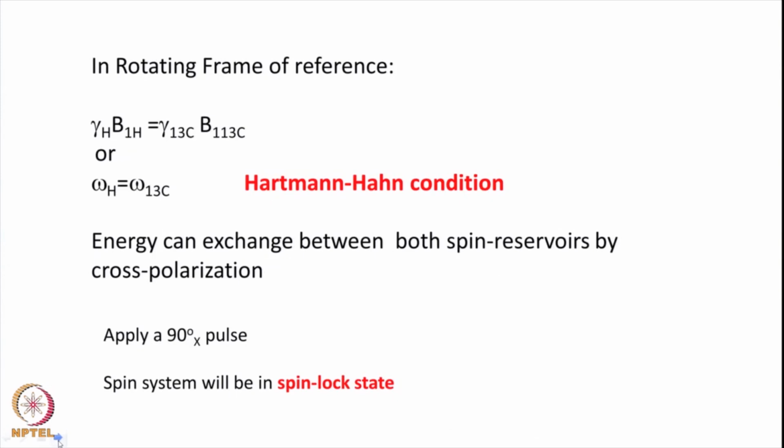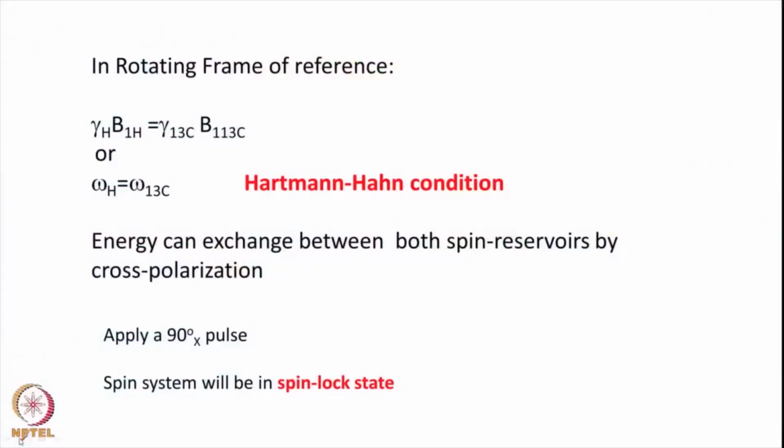Now, that is what we are saying. We want to change the direction of the effective field by applying a B1 field, and the B1 field is applied on the proton as well as on the carbon. So, suppose we achieve this condition where we apply two B1 fields, one for proton and one for carbon.